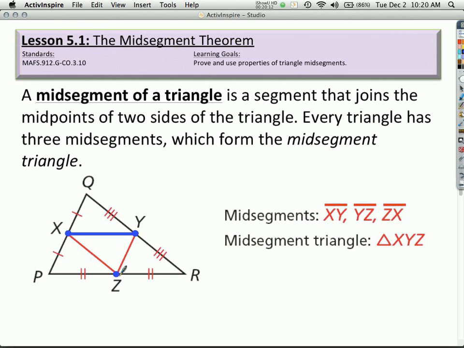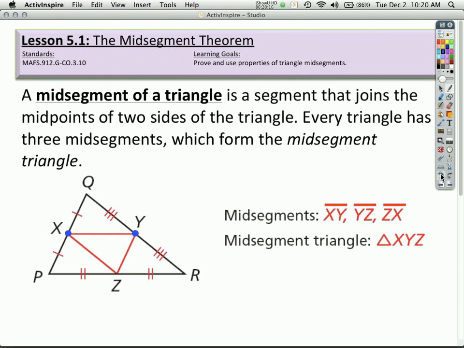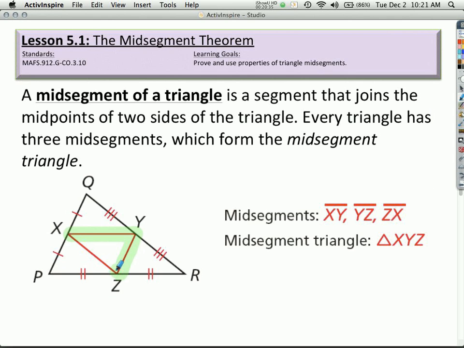We could connect YZ and form a midsegment. So you see all of the midsegments illustrated in this picture. When you look at the midsegments all together, they form what is called the midsegment triangle. That idea we're not going to explore too much today, but you should be aware of it. Any questions about that?